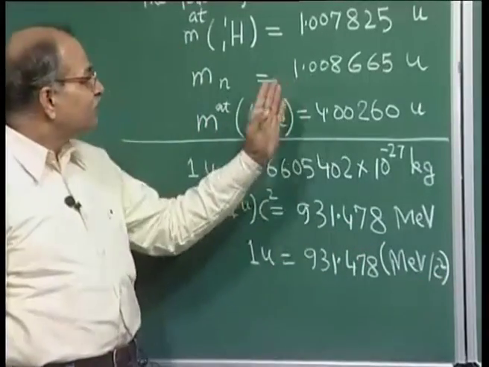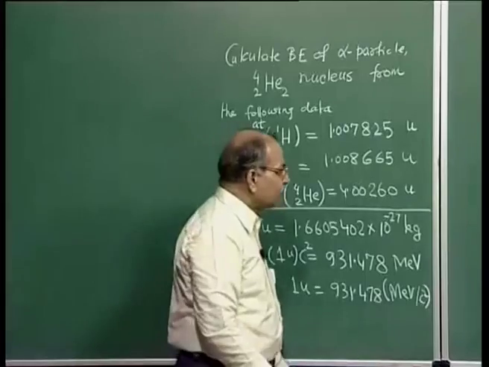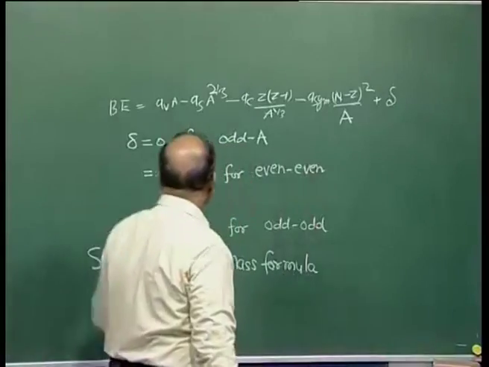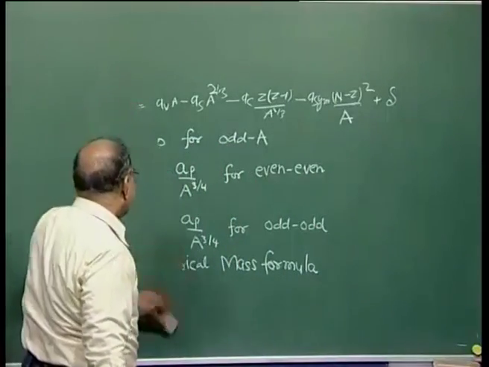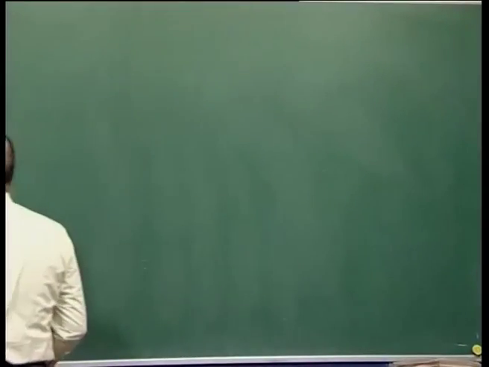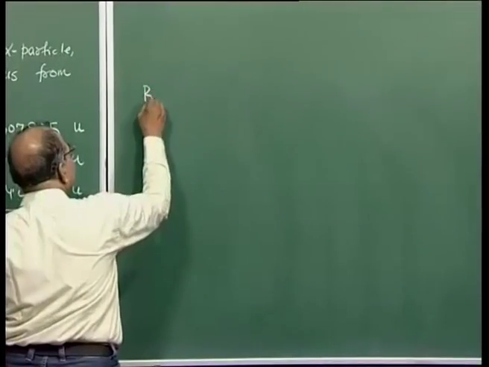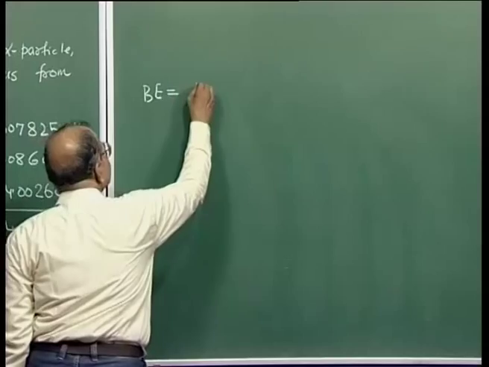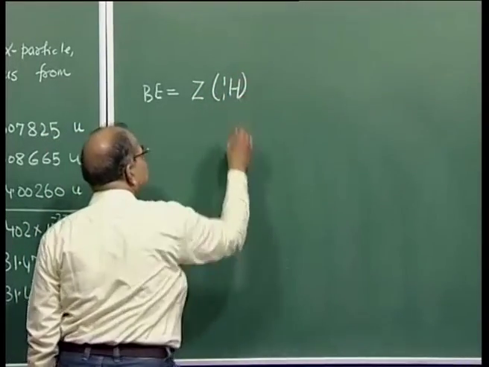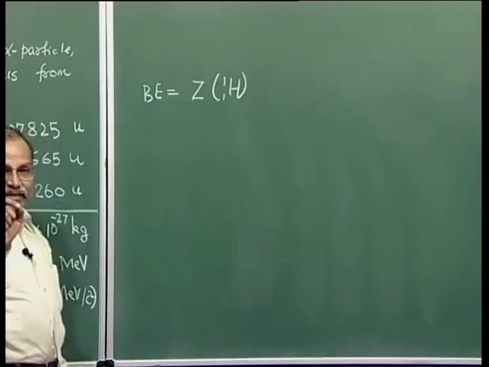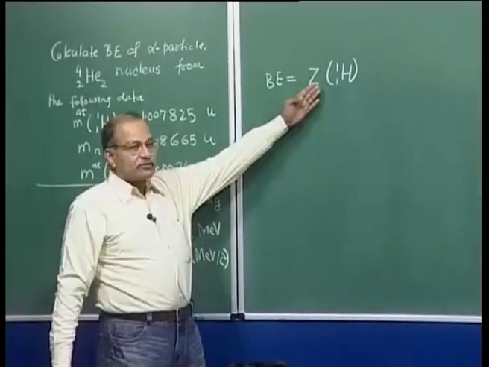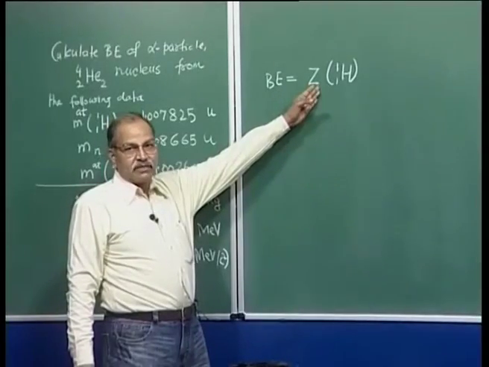So, let us come to this calculation. If needed, we can write it quickly. So, you have the calculator. Binding energy by definition is Z times mass of this hydrogen. Okay. Atomic binding energies are small compared to nuclear binding energy, so we can use atomic masses in place of nuclear masses.